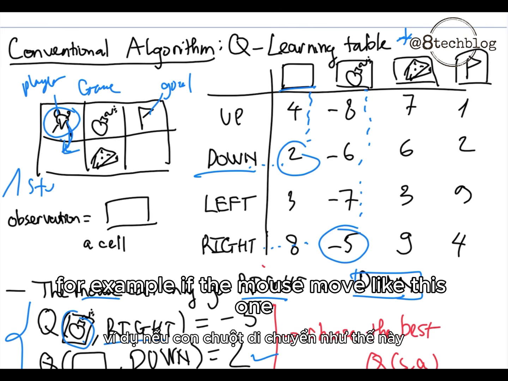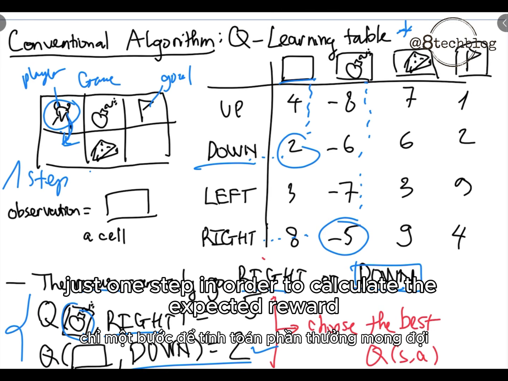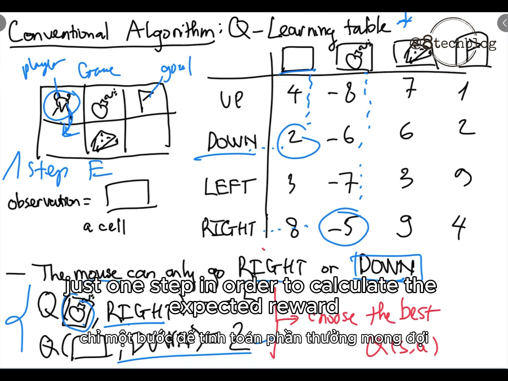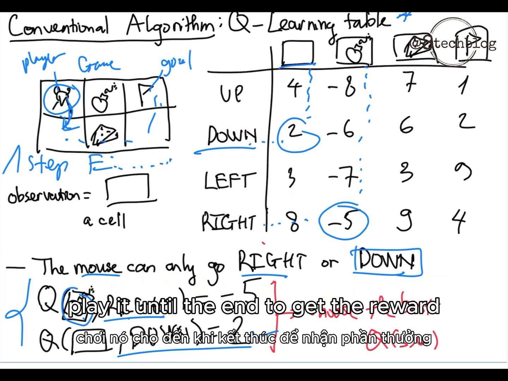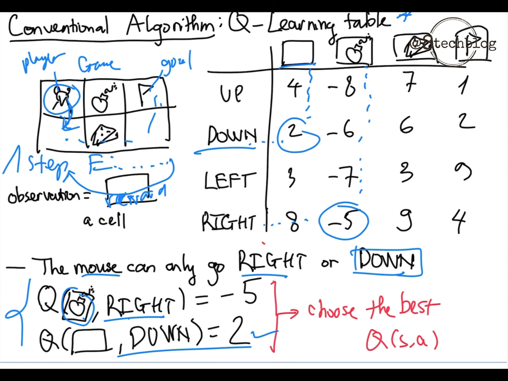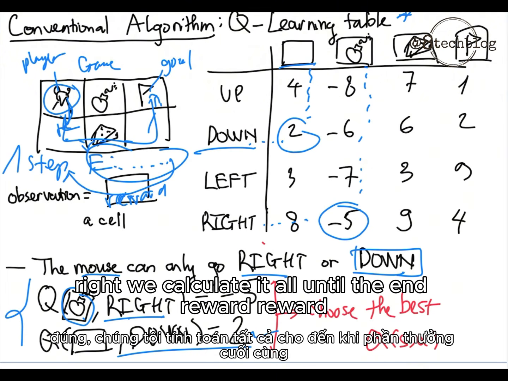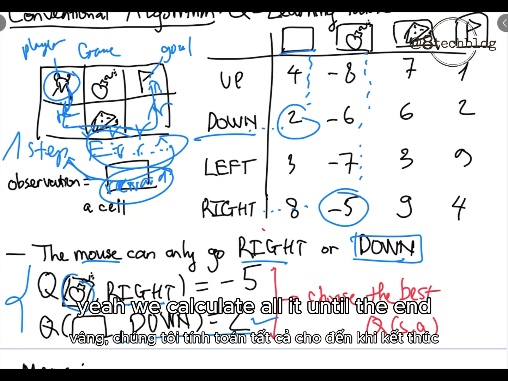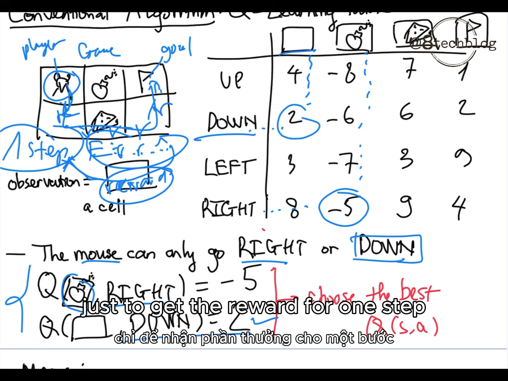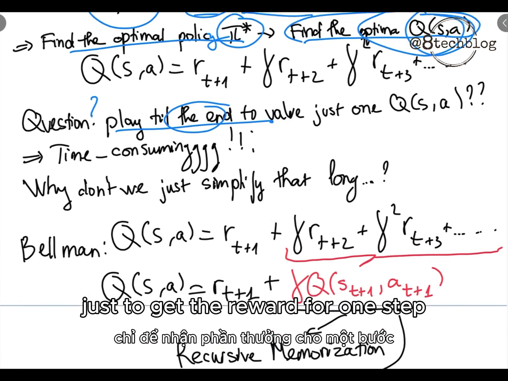For example, if the mouse moves like this, just one step, in order to calculate the expected reward we need to play to the end to get the reward for just a step, right? We calculate it all until the end.